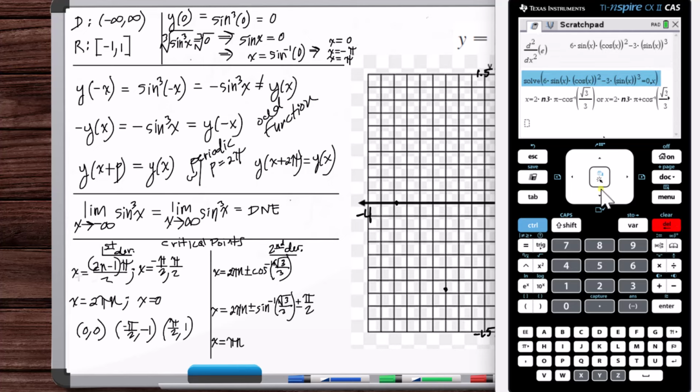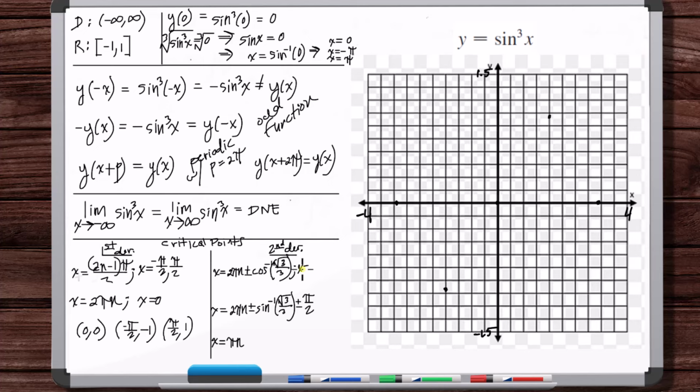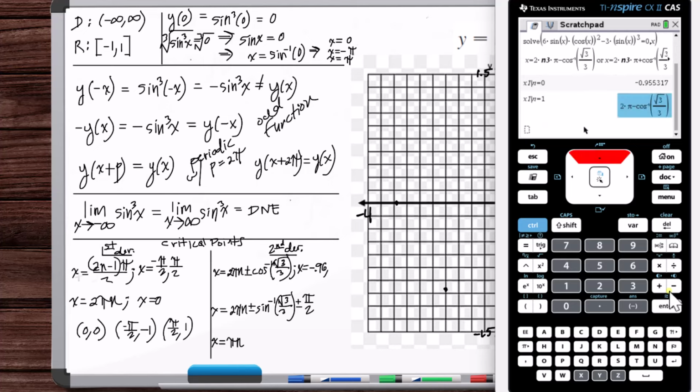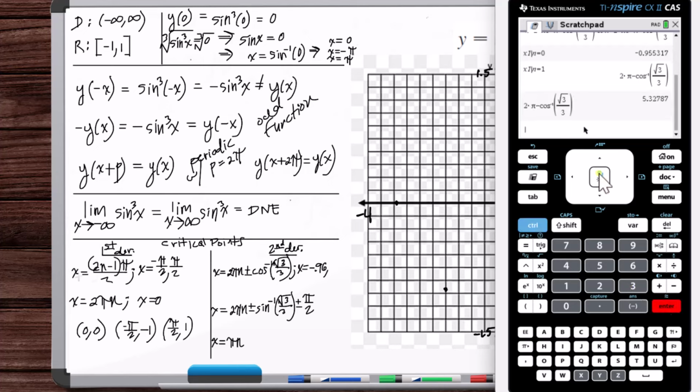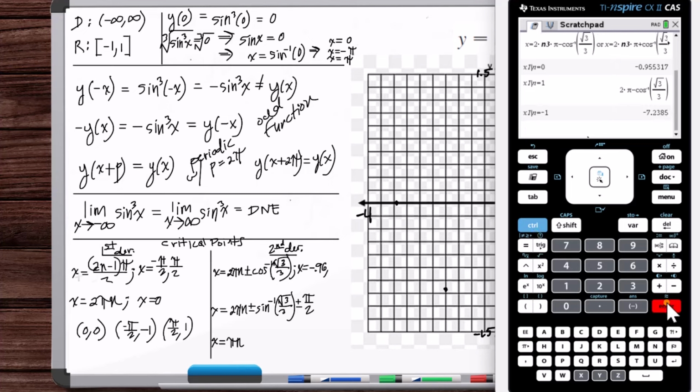So x1 with n equal to 0 is minus 0.955, about minus 0.96. That's within minus pi to pi. x1 with n equal to 1 is greater than pi, so no. x1 with n equal to minus 1 is less than minus pi, so that's it.